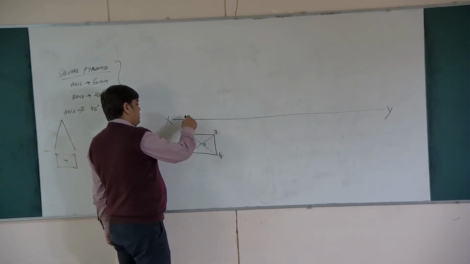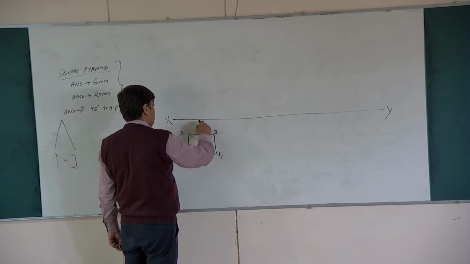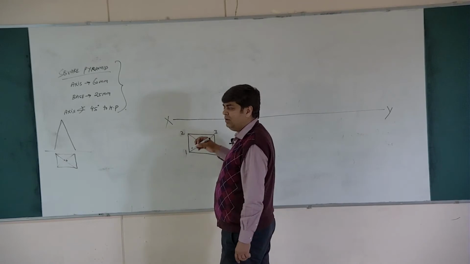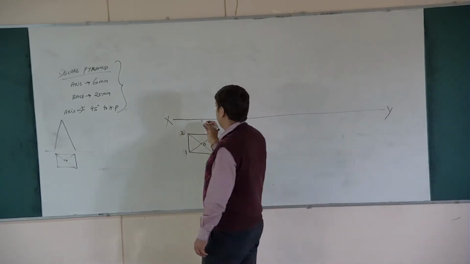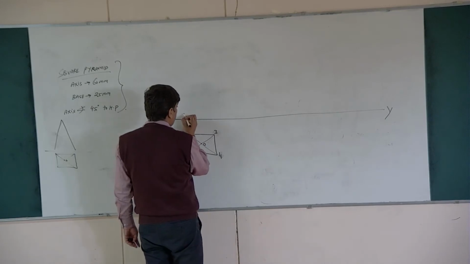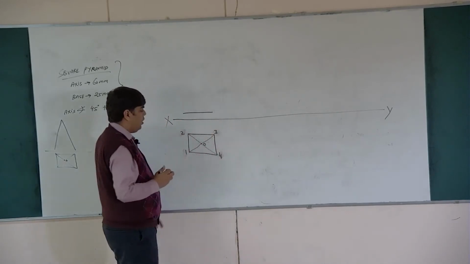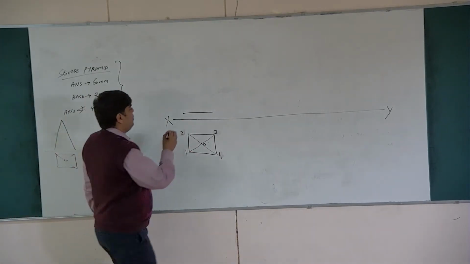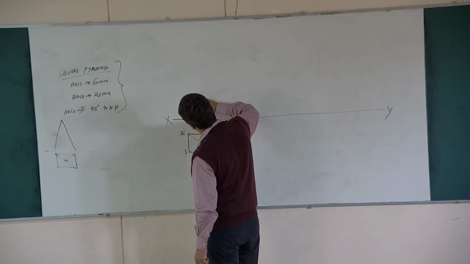Now we'll draw the projectors. From O also we'll draw the projector. Always try to draw the figure at least 5 mm or 10 mm away from XY line. You can draw on XY also, but I generally draw 5 or 10 mm above. Now I have to draw the axis line. The axis is, let us say, 60 mm. So I'll draw a line from here, O, 60 mm, dash dot dash dot.